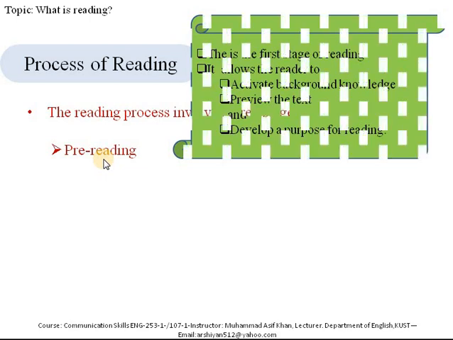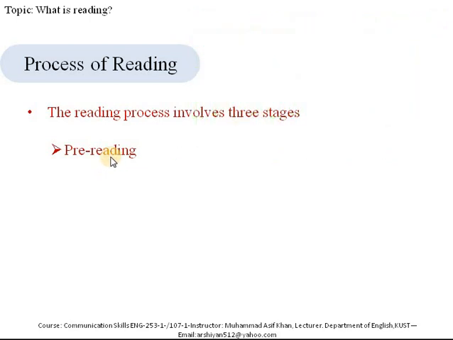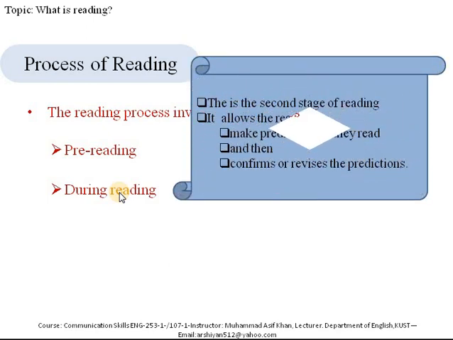Then comes the second stage of the reading process, and that is during reading. In this part, the reader makes predictions, and then they either confirm these predictions or revise them.